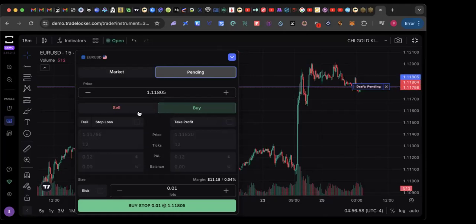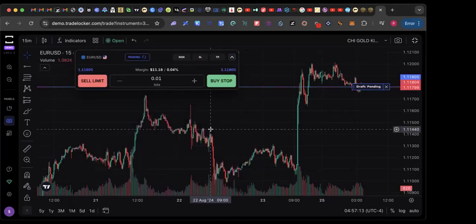You take buy limit or sell limit, right? Or buy stop or sell stop and all of that.